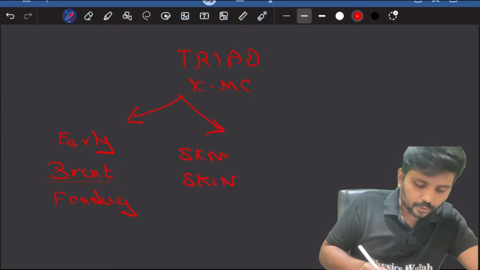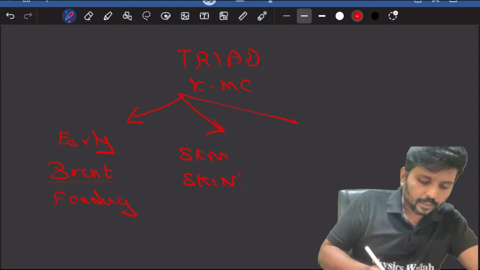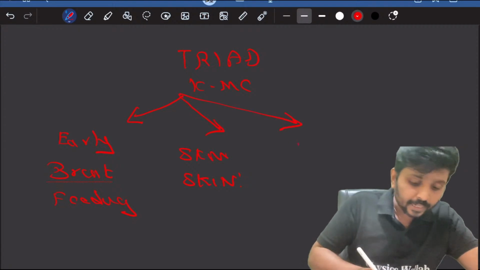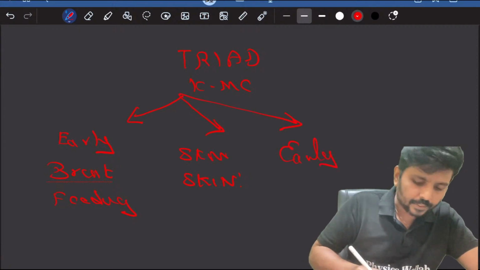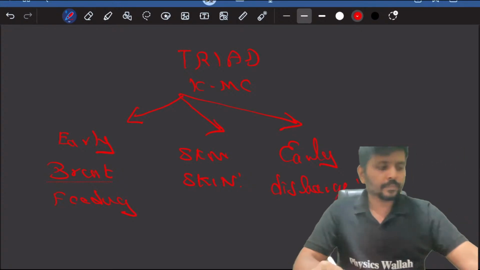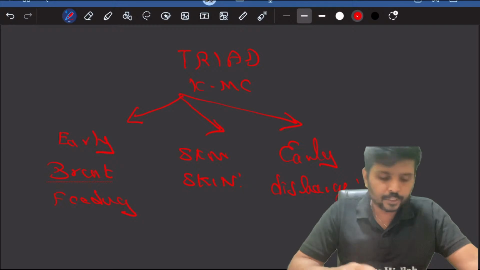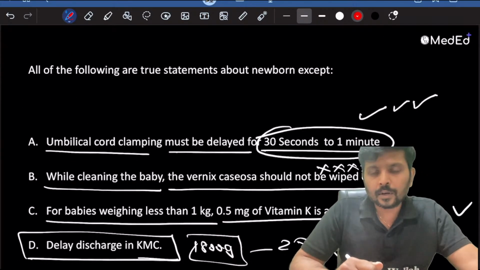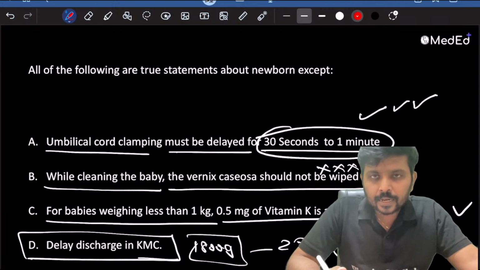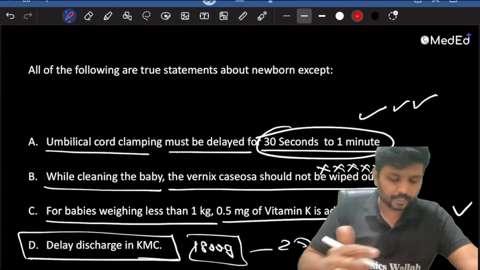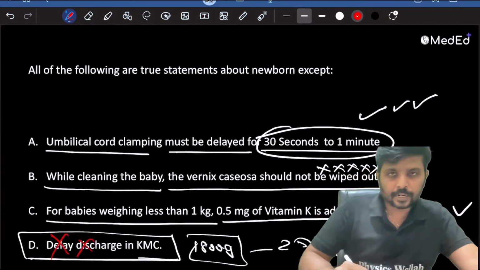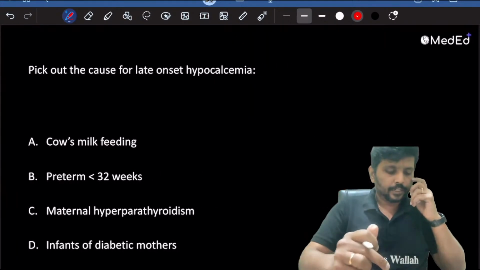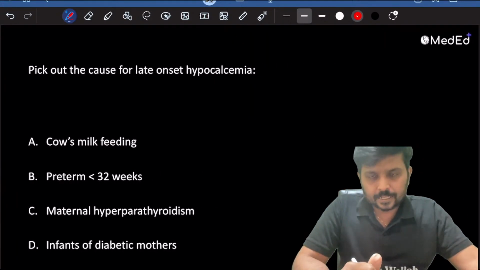Third one is early discharge, not late discharge. This is all about kangaroo mother care. So kangaroo mother care means early discharge and not delay in discharge. So this statement is false, right. Then pick out the next question.